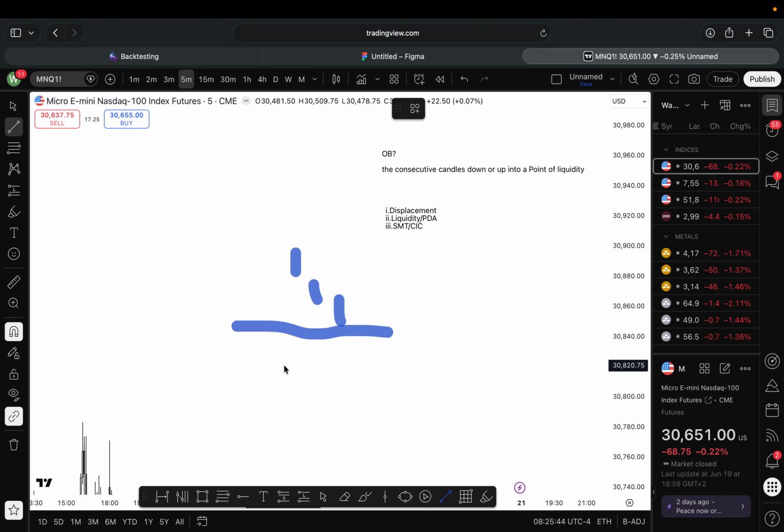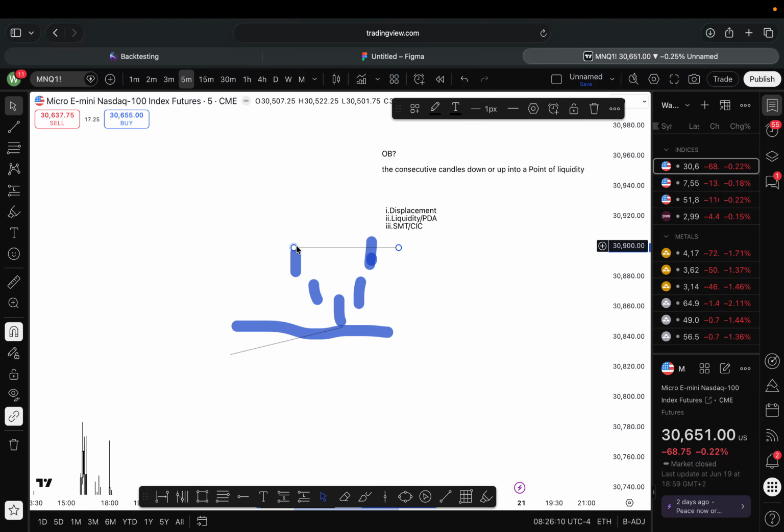We'll look for something like this, SMT with a high or a low, etc. And then what we'll see is something like this. Bang, bang, a quick move up, causing the consecutive candles down or up into a point of liquidity to be inversed.